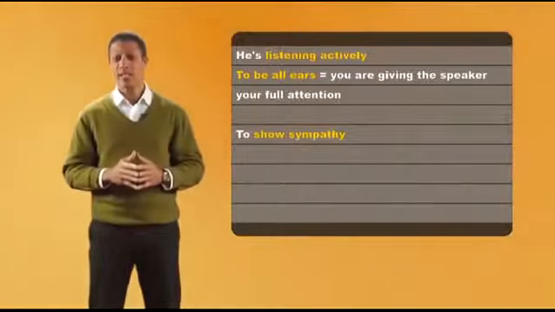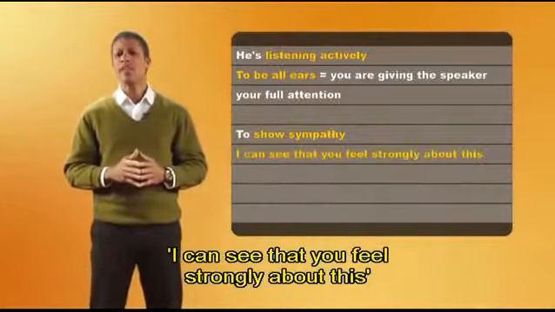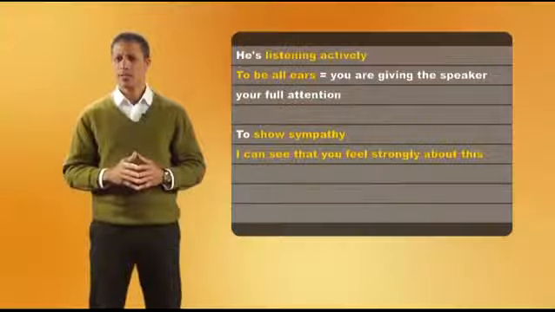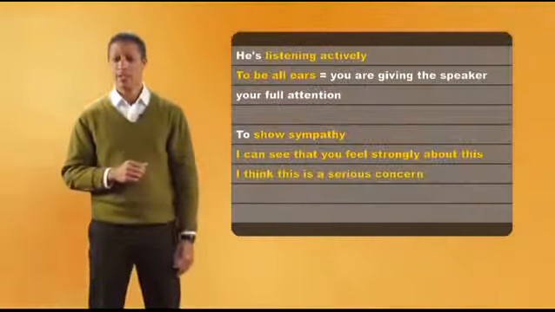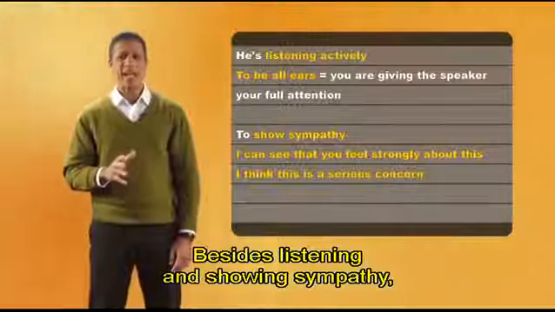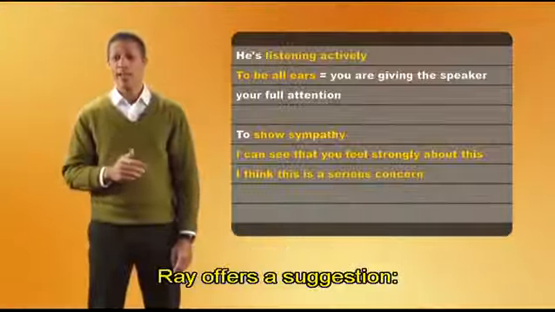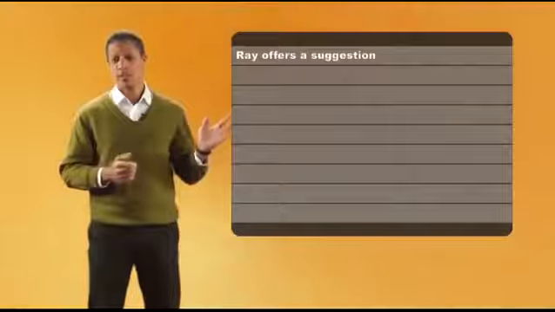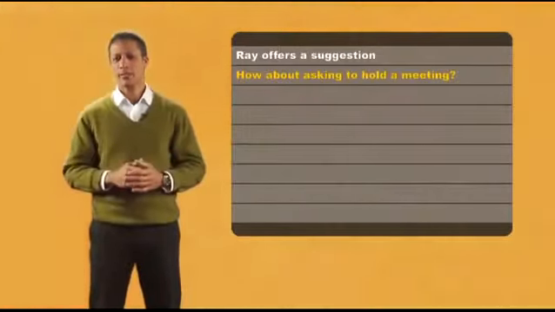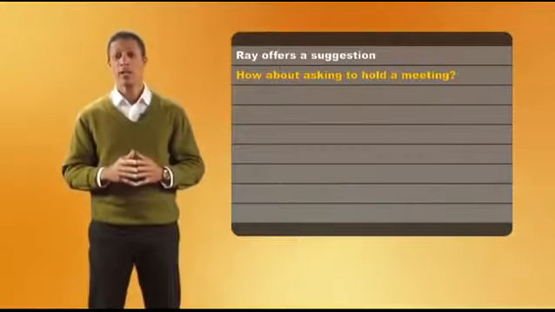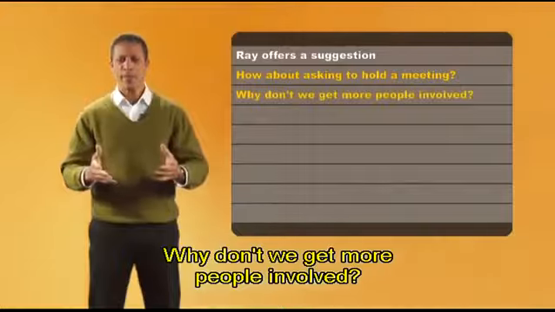That's why Ray says, I can see that you feel strongly about this, and I think this is a serious concern. Besides listening and showing sympathy, Ray offers a suggestion. How about asking to hold a meeting? You can also say, why don't we get more people involved?